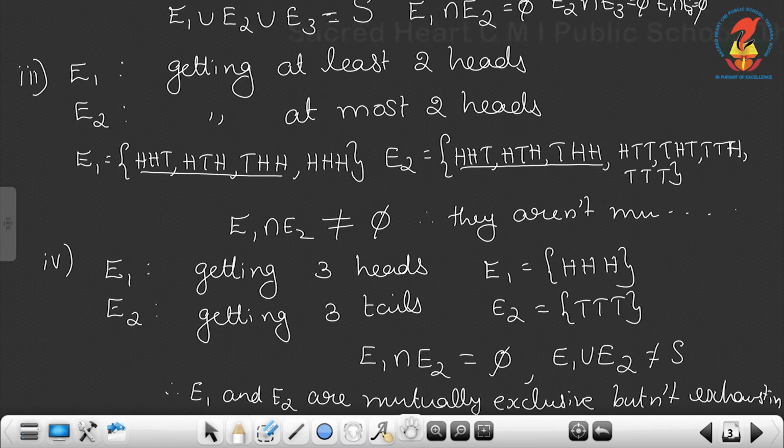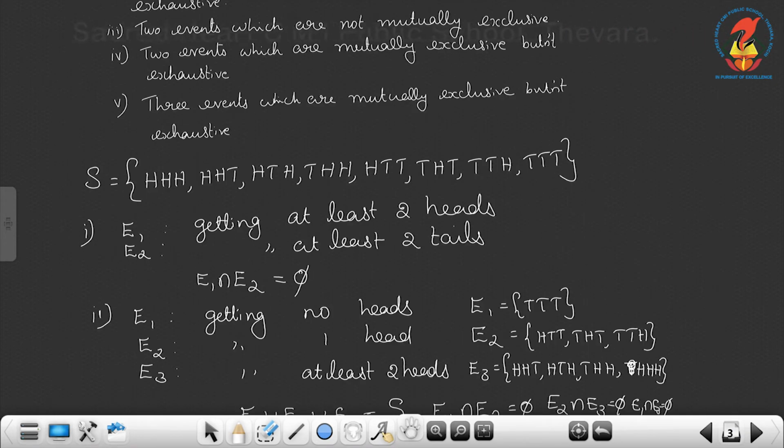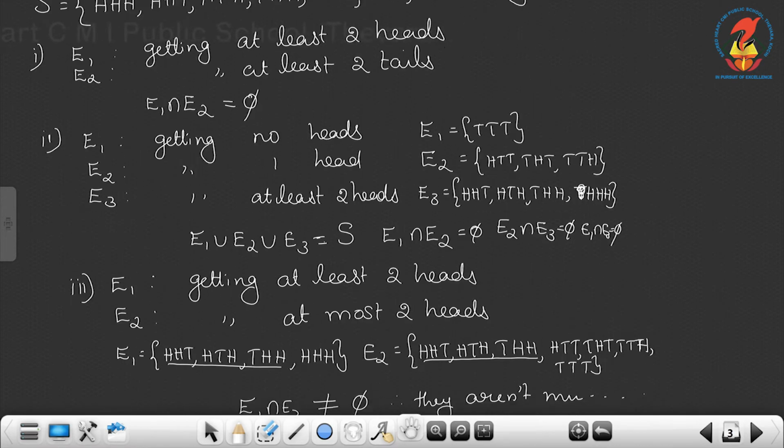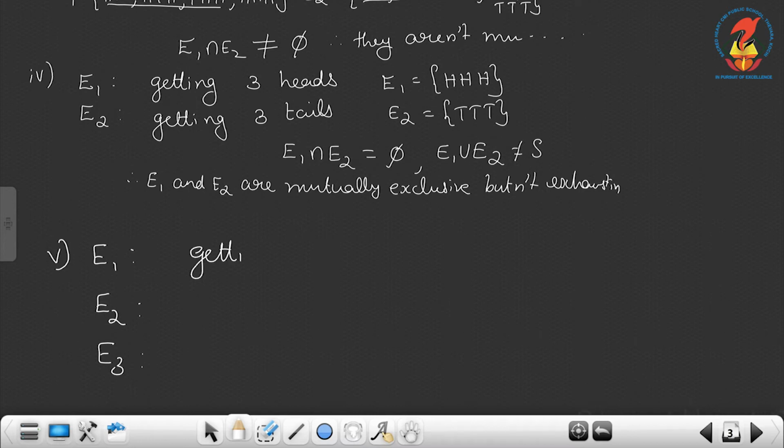Now one more, the last one, 3 events. We have to define 3 events which are mutually exclusive but not exhaustive. So take E1, E2, E3. Let E1 be the event getting no heads, as in the third subdivision.